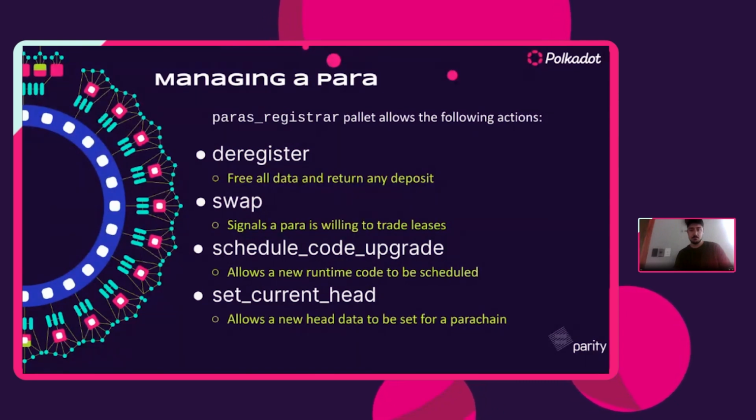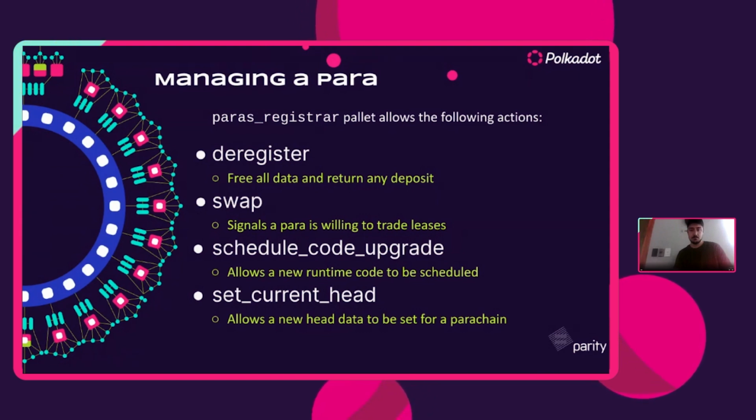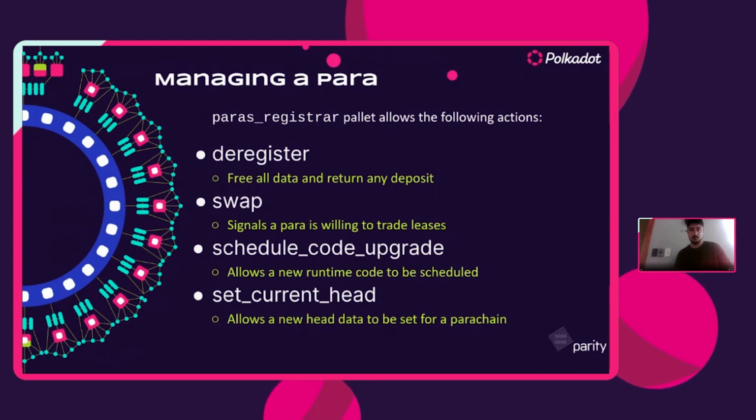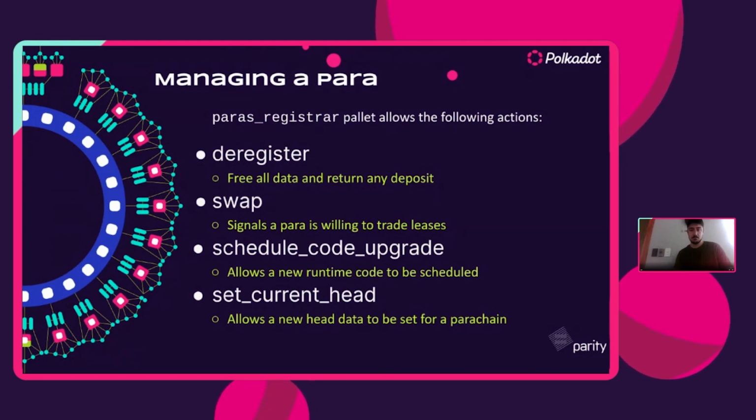And schedule code upgrade is an extrinsic that lets us schedule a new validation function from a certain block. And very much the same with set current head, which will allow us to change the head, the state that we will be building from for this para on the relay chain.